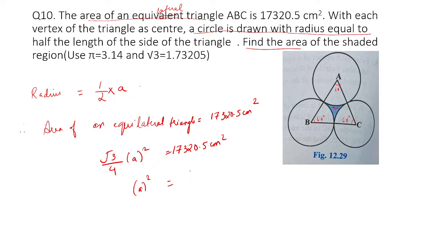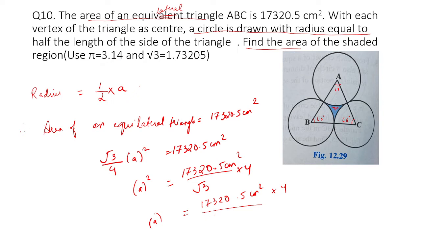Now you take a square to this side. They have given that we have to take root 3. So root 3, when it goes to the right hand side, it will go down, and 4 will come up. What is interesting is they have given root 3 as equivalent to 1.73205. Clear?